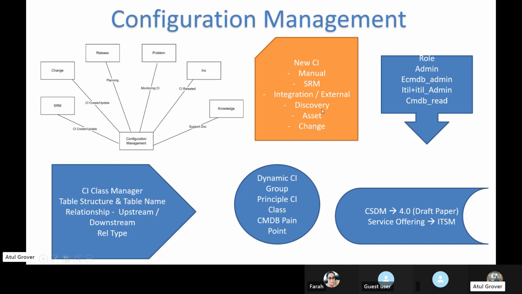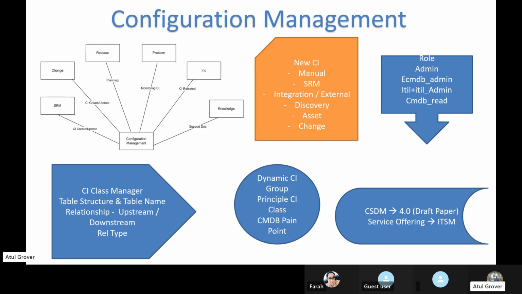You can create a CI via discovery. Discovery is a ServiceNow product which goes into the customer infrastructure and finds out the information you want to get from that particular CI, and then asset.